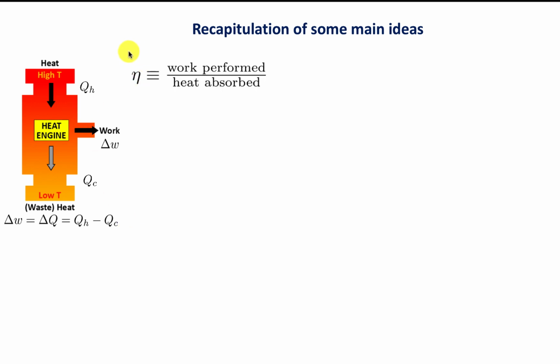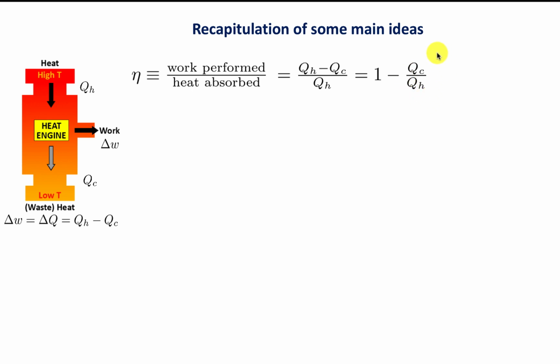We define the efficiency of a machine as the work it performs divided by the heat it absorbs. So you have to provide it some heat, some energy, and that amount is QH. So when you do that division, so this is the net amount of work done, when you divide by QH, you get this quantity over here.